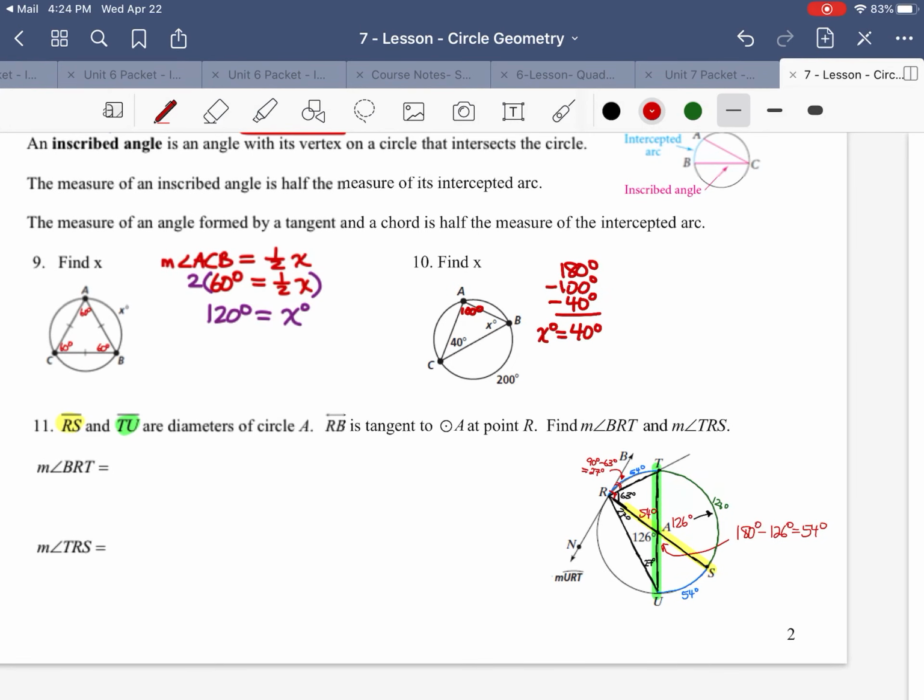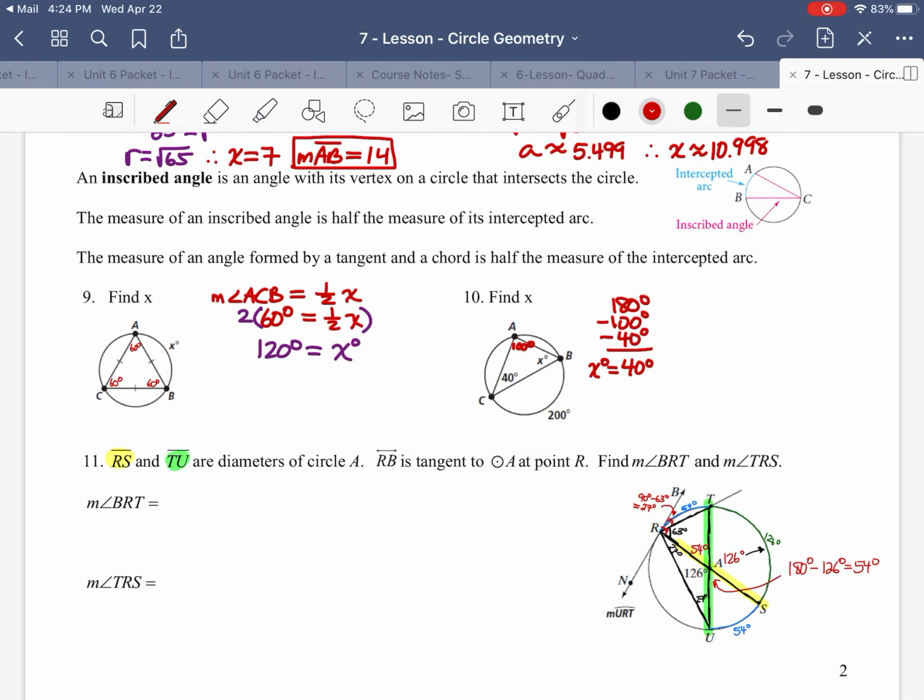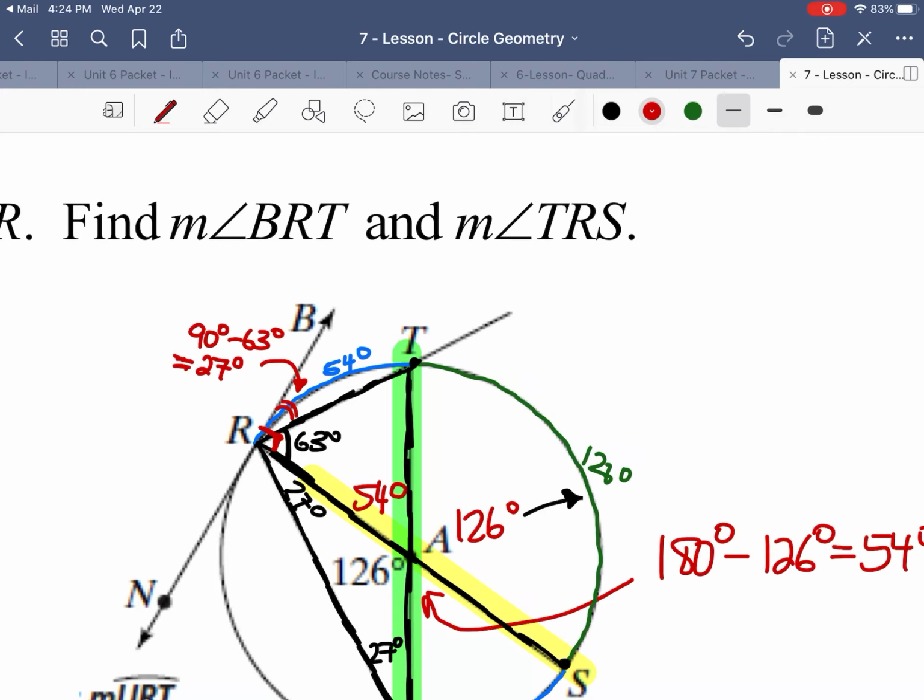And that kind of doubles based off the fact that, if you look at one of the relationships above, the measure of an angle formed by a tangent and a chord is half the measure of the intercepted arc. So here, and I'm going to scribble it in and then erase it, here's a tangent. Here's a chord.